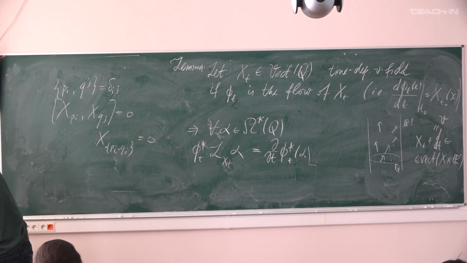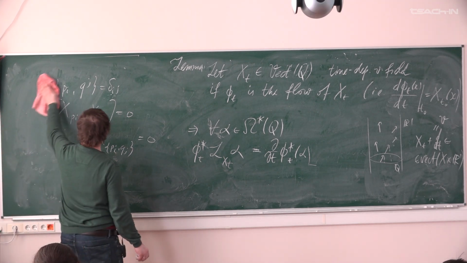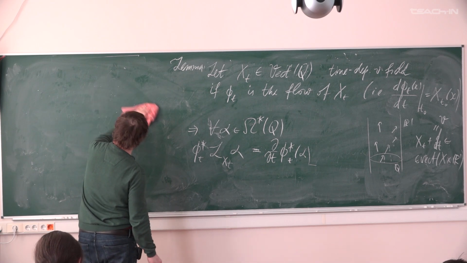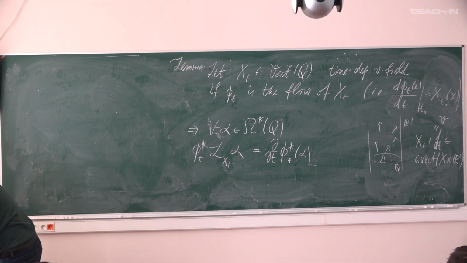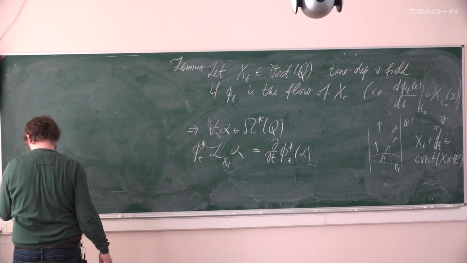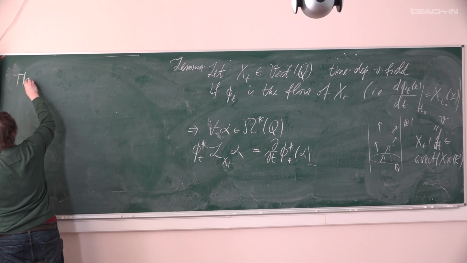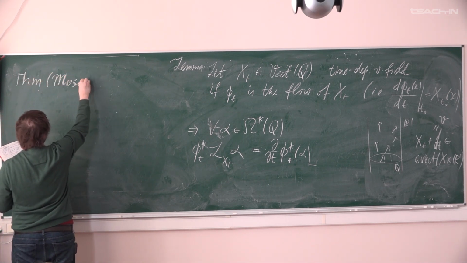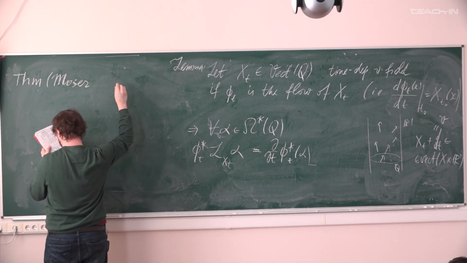I suggest that you prove this formula for the next time. And now I'll use this formula to prove the Darboux theorem. Actually, I prove even more than that. I prove some theorem which is called the Moser trick theorem. I'll prove two versions, and there will be a third one which I'll speak about later.